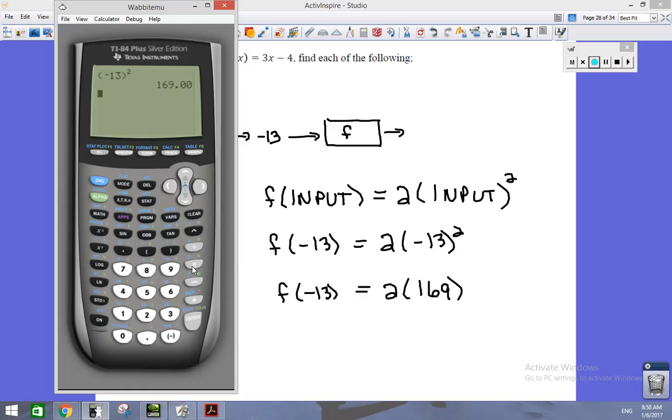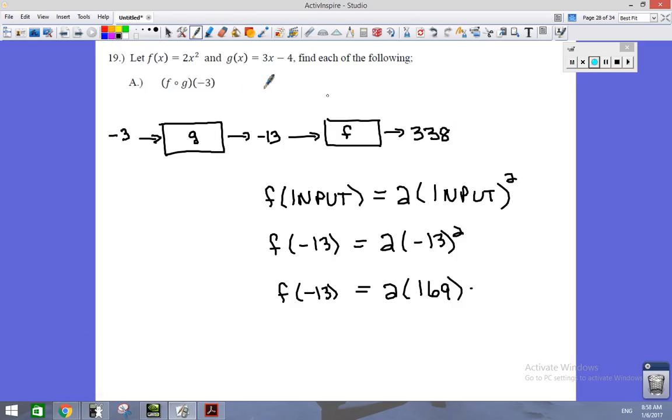Yeah, and then I'm going to double it and get 338. So what this tells me is that if you input a -3 into this function composition, the output is going to be 338, if I haven't made a silly mistake. All right, so let's move on and take a look at part B.